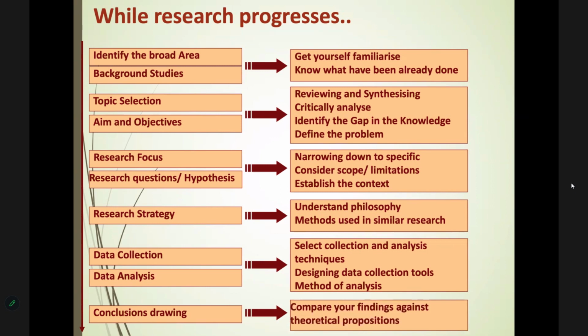Then what you do is compare your findings with the existing literature findings. You just compare and contrast: your findings came up like this. Whether this is similar to the existing literature, whether your findings contrast with existing literature, whether it is agreeing or disagreeing. So how far your findings can be placed within the existing knowledge.